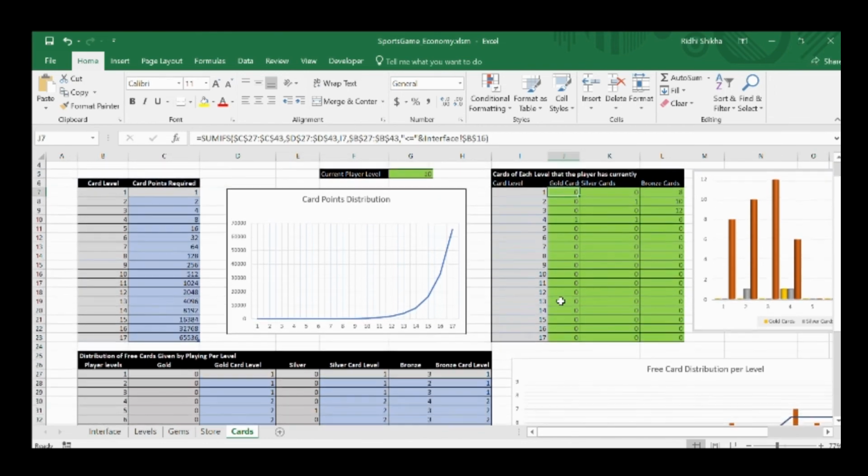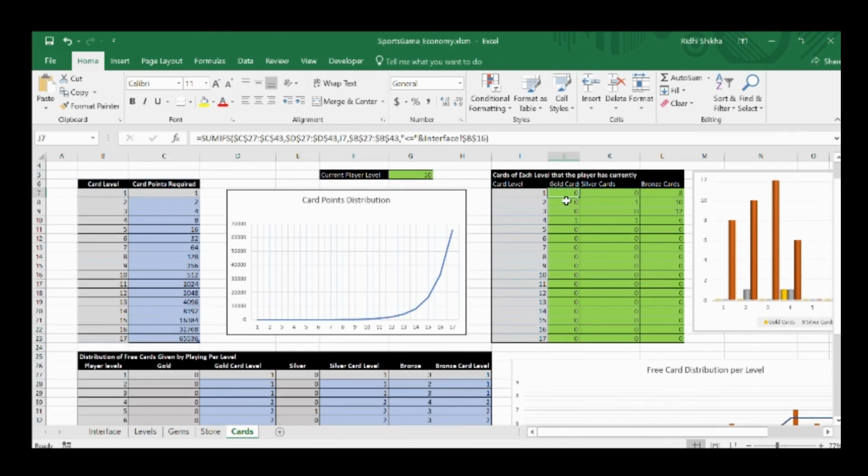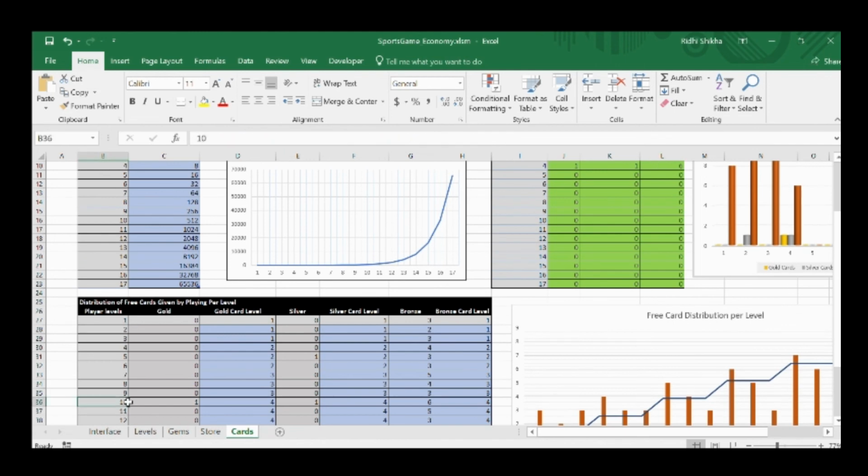So just use the SUMIFS function to give a sum of all the gold cards and the card levels of the gold cards, because here we are not considering player levels, this is just card level. So which level cards a player has and which type of cards the player has. Since the player is at level 10, he has one gold card of level 4.